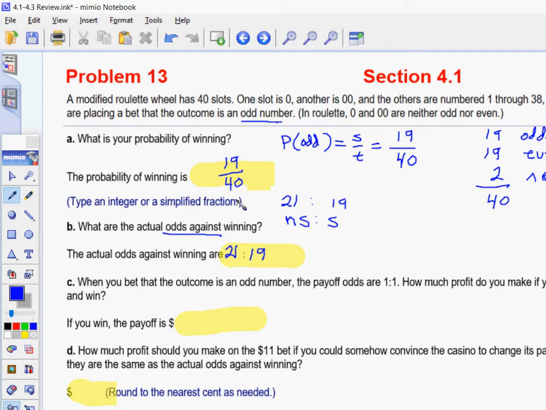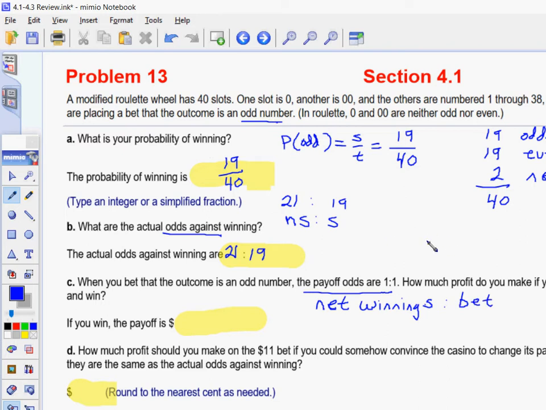Successes versus not successes. When you bet that the outcome is an odd number, the payoff odds are 1 to 1. Payoff odds are net winnings versus your bet.